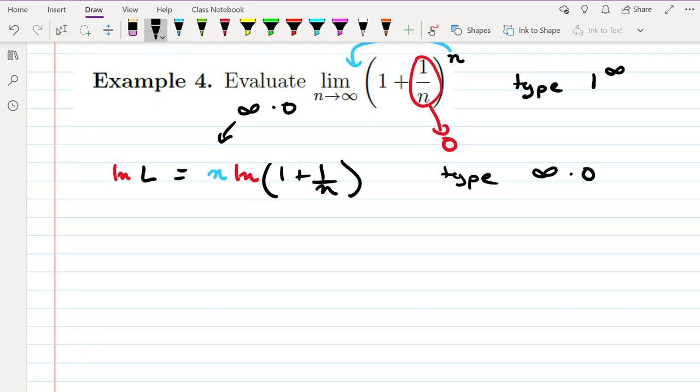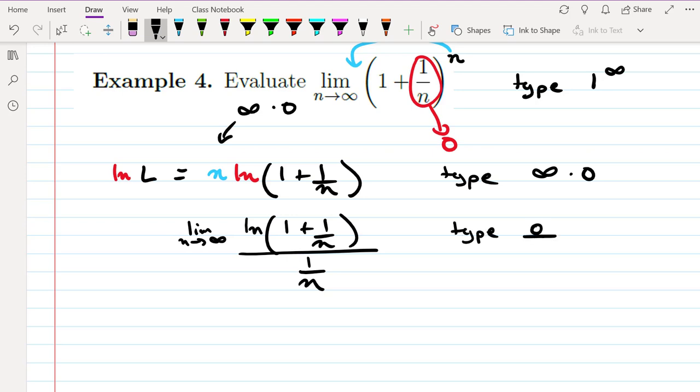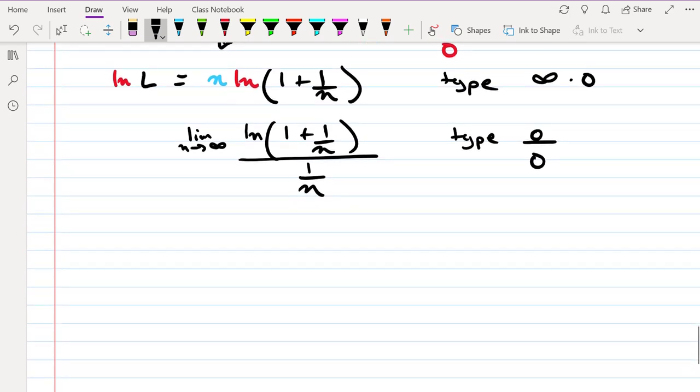So we're going to get the limit as n goes to infinity of the natural logarithm of 1 plus 1 over n divided by 1 over n. So finally, this is going to be type 0 over 0. So using L'Hopital's rule, we take the derivative of the numerator, and the derivative of the natural logarithm is going to be the following.